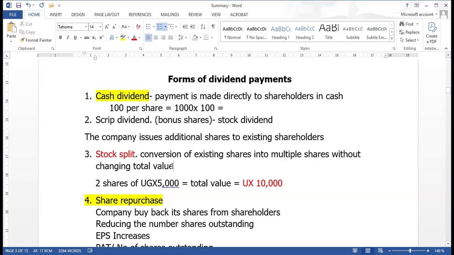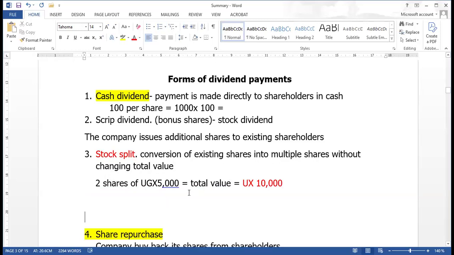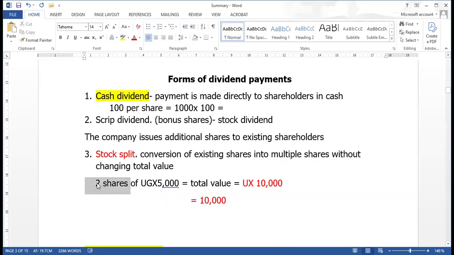You want to maintain the total value of 10,000 but increase the shares. Maybe instead of 2 shares, you want to have 10 shares, but keeping the total value the same.